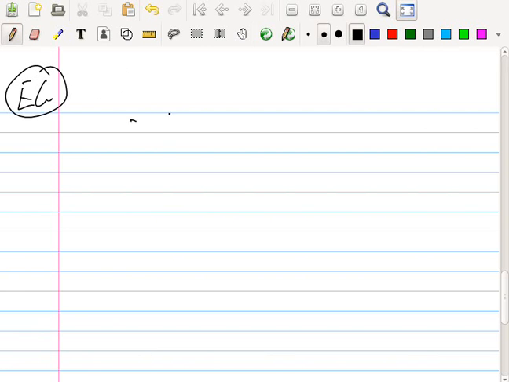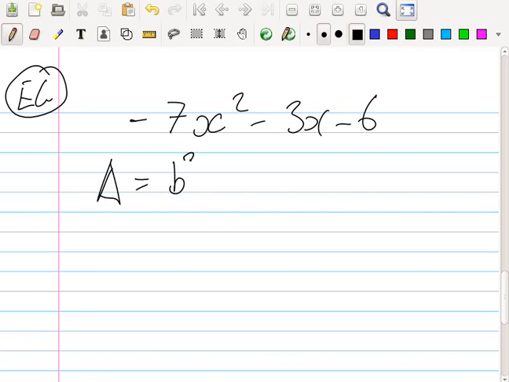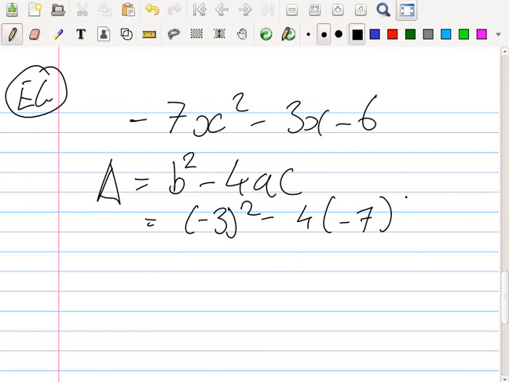So I ask you, how many solutions does this quadratic equation have, or how many roots does it have? You should do the discriminant first. The formula is b squared minus 4ac. So in this case, it'd be minus 3 squared minus 4 times minus 7 times minus 6.